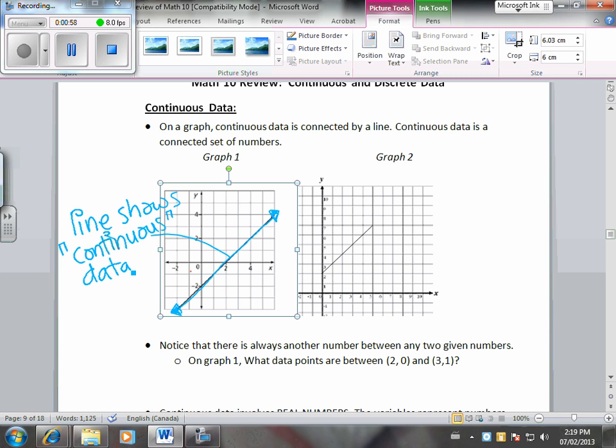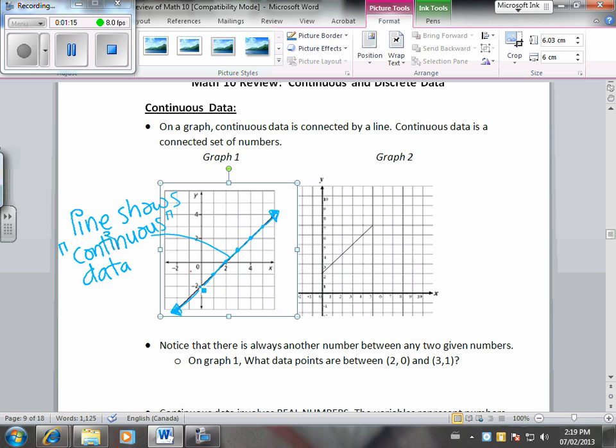Even though this is a solid line, there are always going to be data points in between. There are data points here that have been connected in this line. You might not see them in the line, but know that they exist.